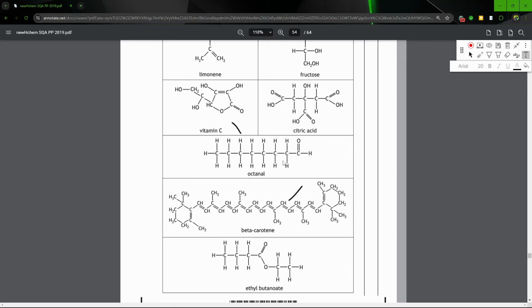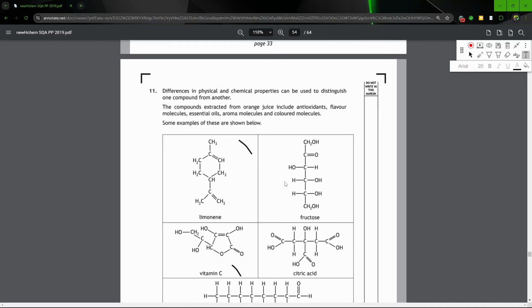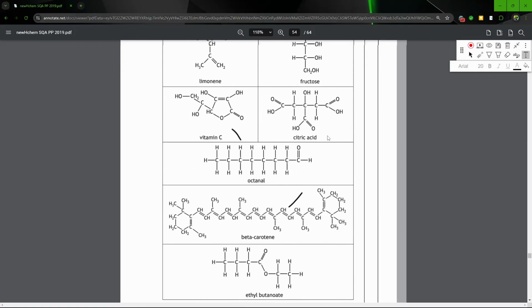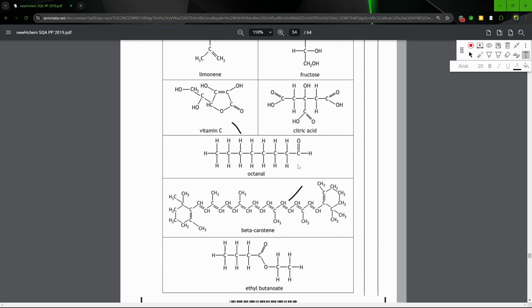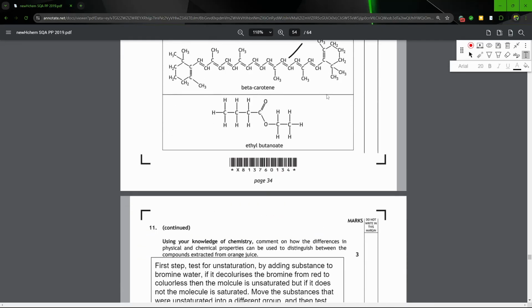We just need to distinguish between octanol, ethyl butyrate, and fructose. So, okay, what we can do is attempt to react with a carboxylic acid.